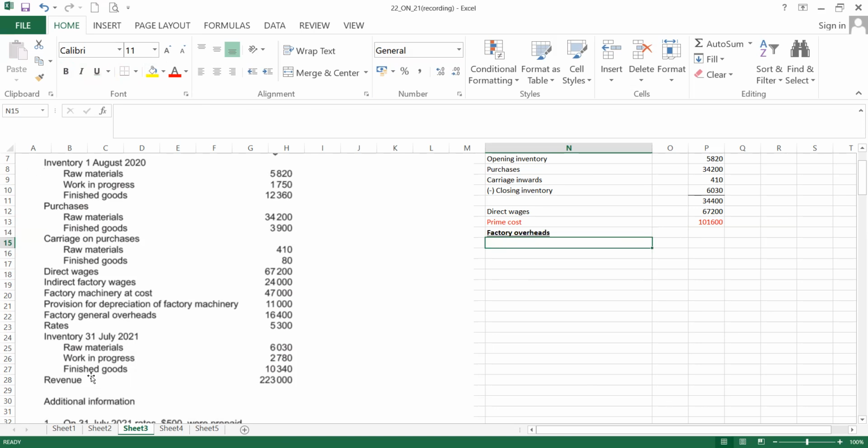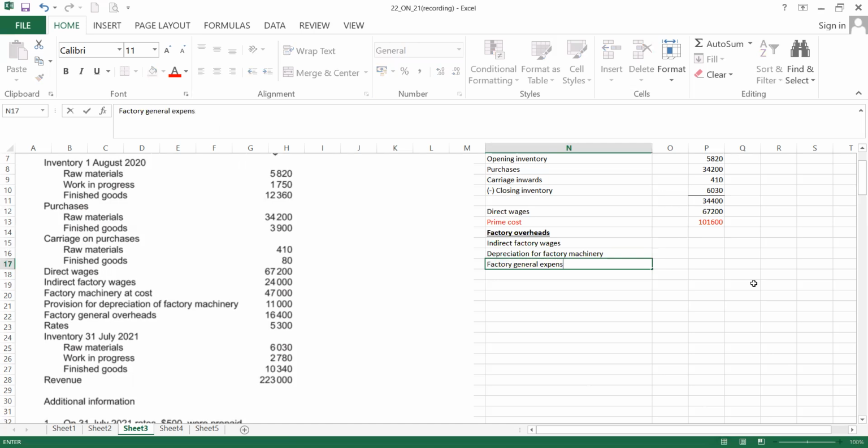Okay, let's look into what the items are here. Indirect factory wages, okay, this is one of them. Factory machinery at cost with provision, which means we have the depreciation. Depreciation for factory machinery. Okay, next is factory general expenses.